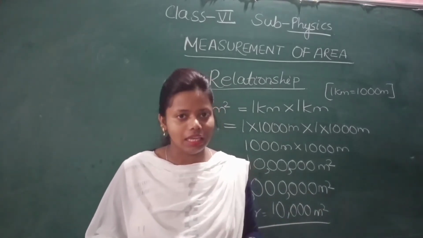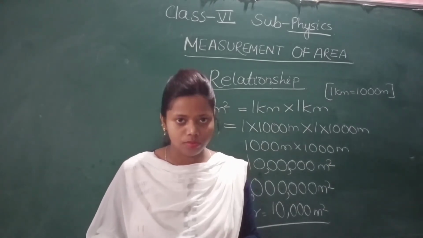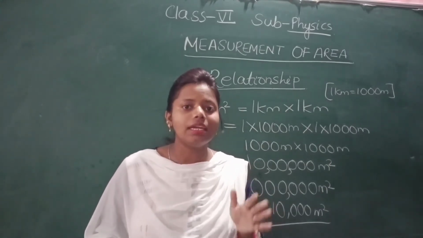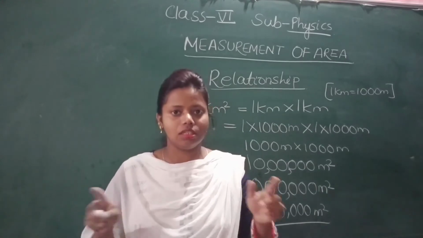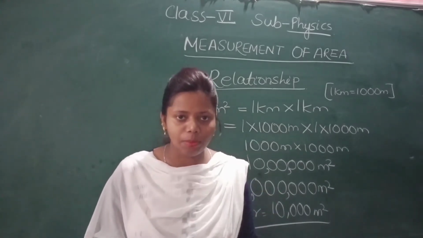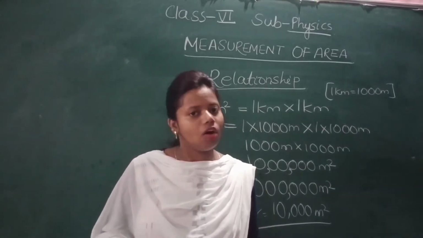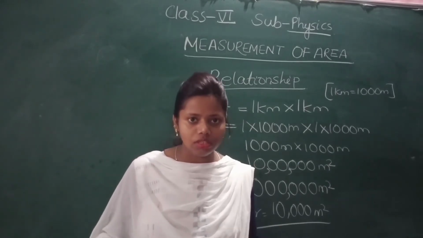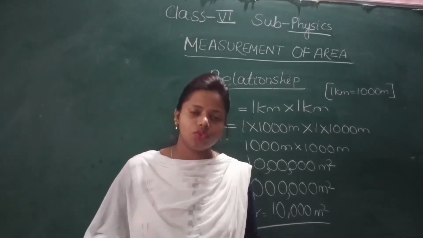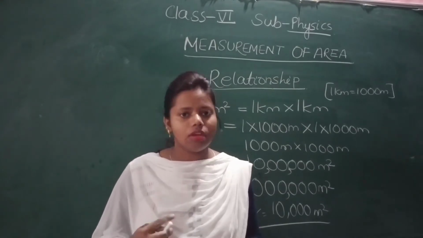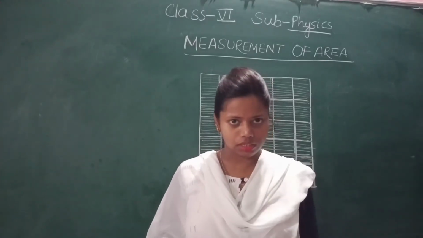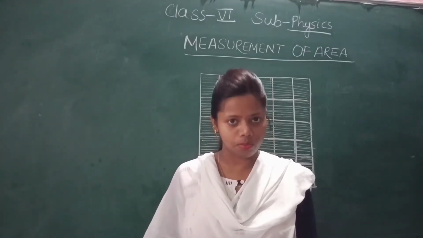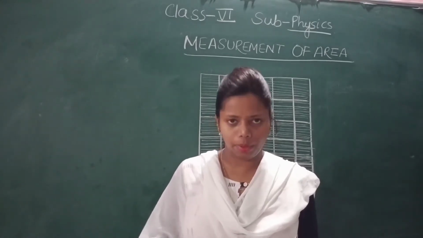Now let's find the area of regular shapes by using square centimeter grid. Okay, this is the graph paper. By using the graph paper also we can find the area of regular shapes. Regular shape means it should be a rectangle, square and so on. Now our next topic is measuring a regular object using graph paper.